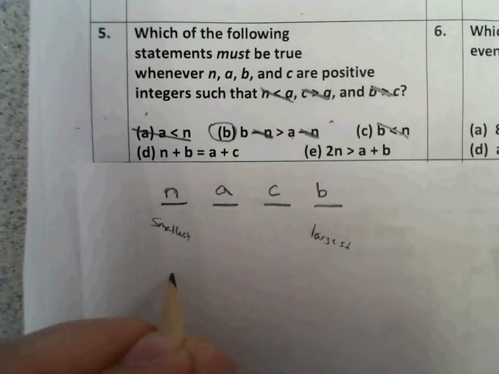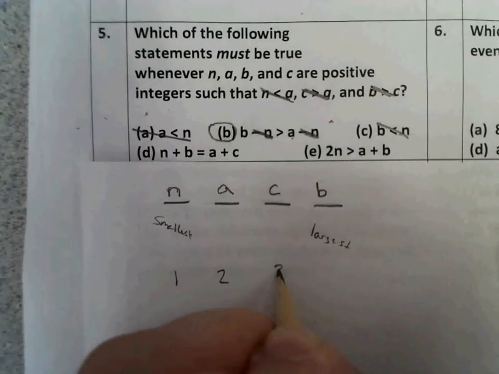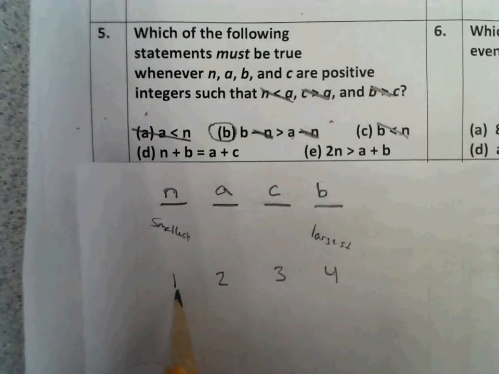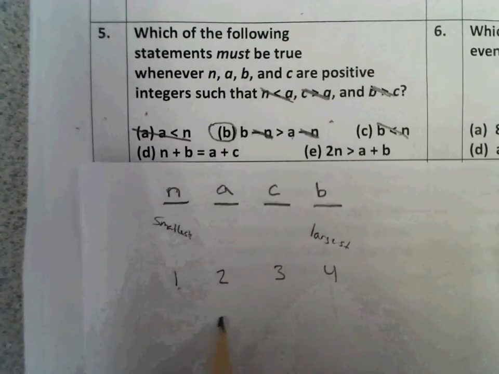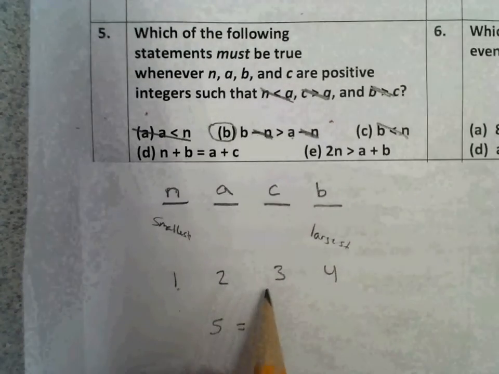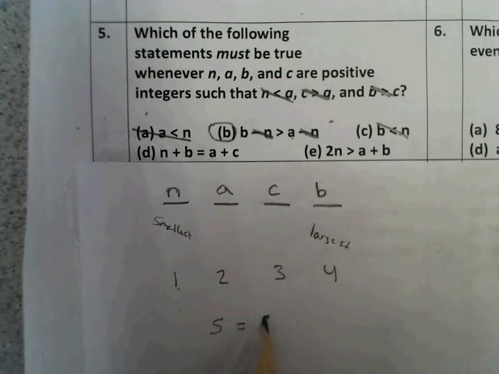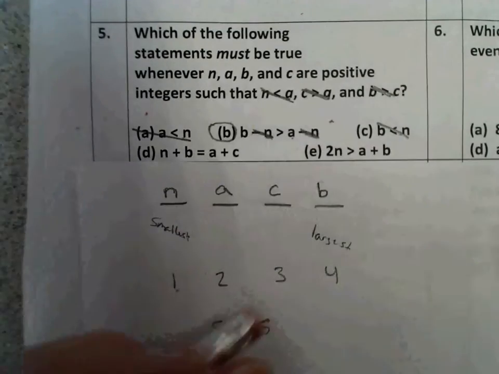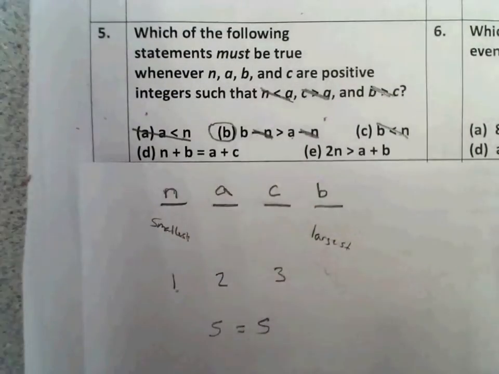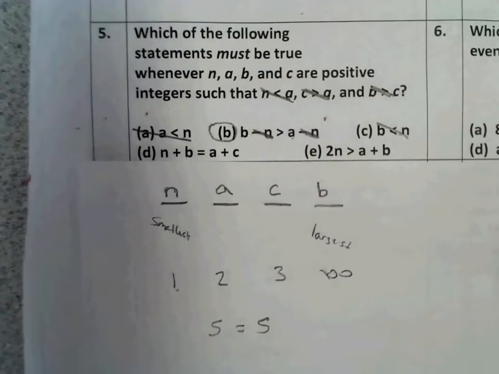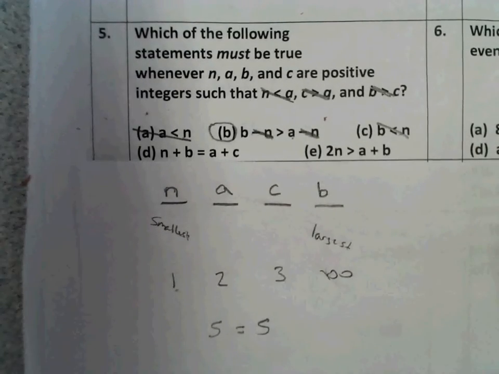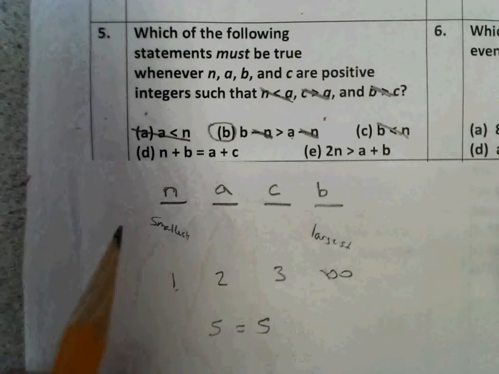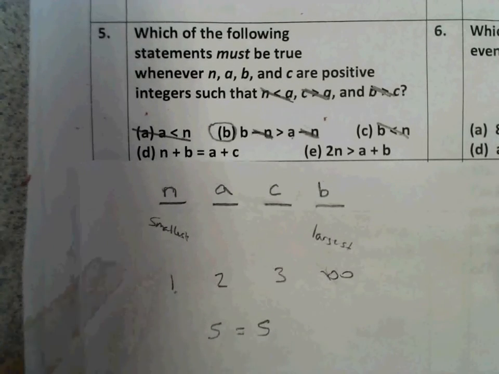For example, what if n was 1, a was 2, c was 3, and b was 4? n plus b would be 5, and that's equal to a plus c, which is 5. Right? So it could be true, but what if b wasn't 4? What if b was 100? It's still in order. 1 is less than 2, which is less than 3, which is less than 100. And it doesn't tell us what a, b, c, and n are.